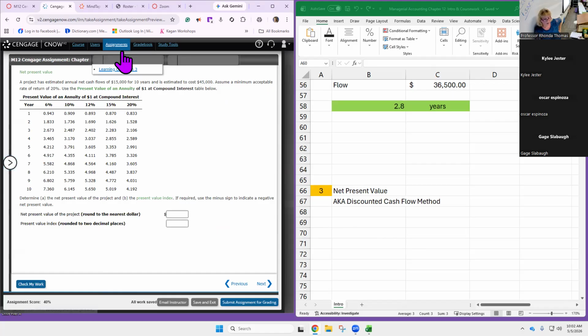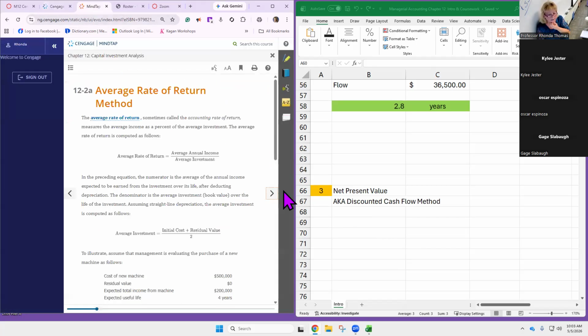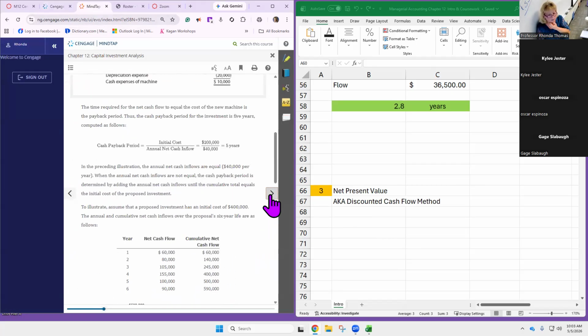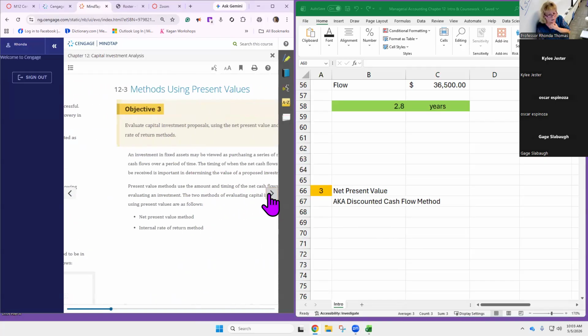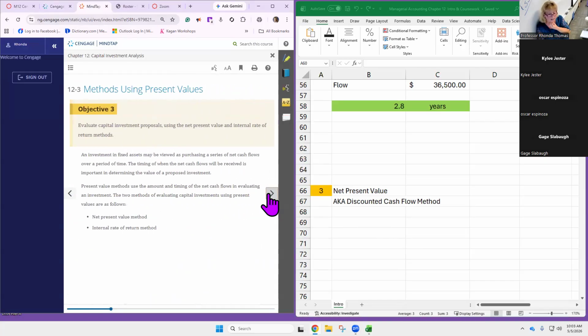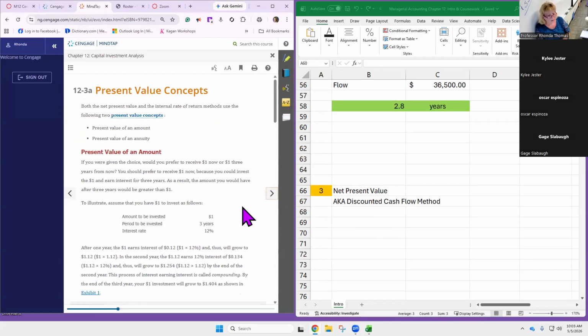So I'm going to go out to my book and walk through, because sometimes this gets a little confusing. It can. So, present value concepts.